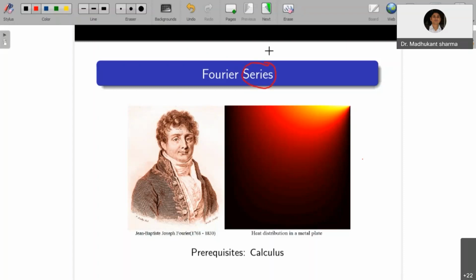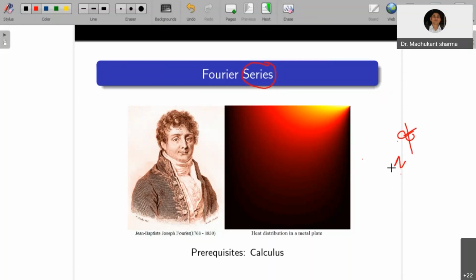But again, as an engineer, you will give input to your computer and program it. In a program, infinity is not such a concept. So definitely, instead of infinity, you have to work with a number of terms you are going to include.